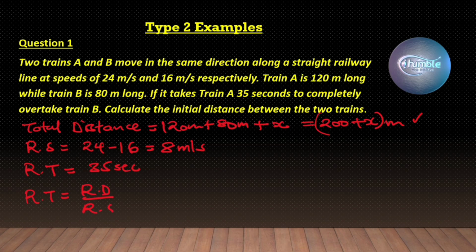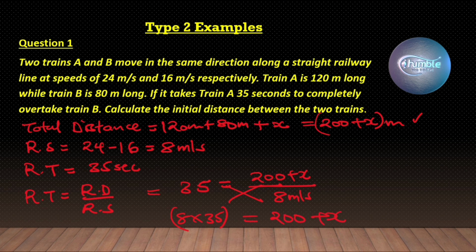Overtake is 35 seconds, and we know relative time is equal to relative distance over relative speed. So let us now equate them. 35 seconds is going to be equal to the relative distance, which is the same as the total distance, 200 plus x, divided by the relative speed, which is 8 meters per second. Therefore, cross multiply, we shall now get that 8 times 35 is equal to 200 plus x.